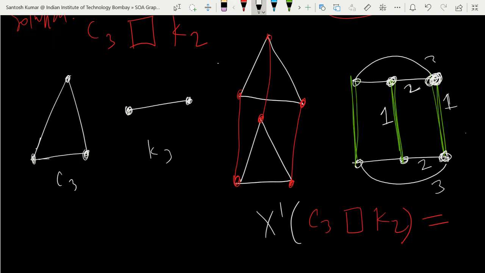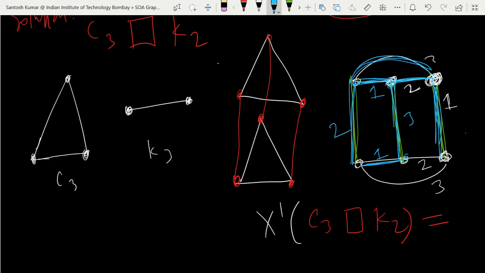Sir, 3, right? Yes. So this is 1, this is 2, this is 3, and here I cannot take 2 or 3, so I have to take 1, and here we can take 3 because it is adjacent to 1, 2. Here you can take 1, and here we can take 2. Fine. So this has 1, 2, 3.